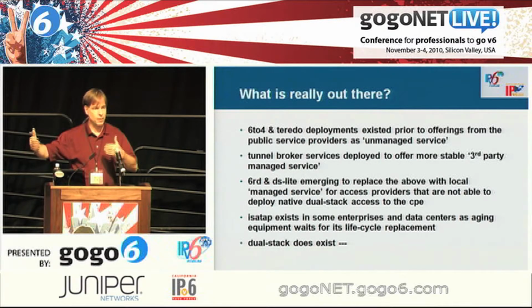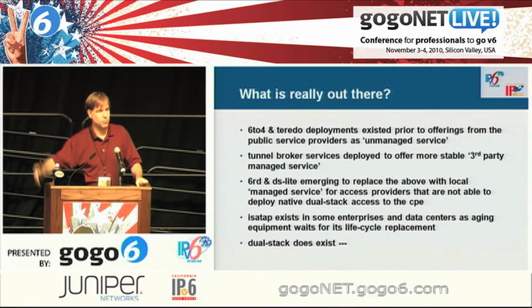Yes, it's still the same encapsulation, decapsulation process, but the two endpoints of the tunnel are inside the service provider space. So they have complete control over that, and from the outside world, you don't know it exists. As I said, ISATAP exists for inside the enterprise, and so you may end up with multiples of these along any given path.